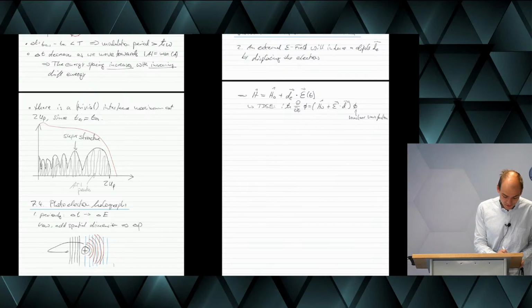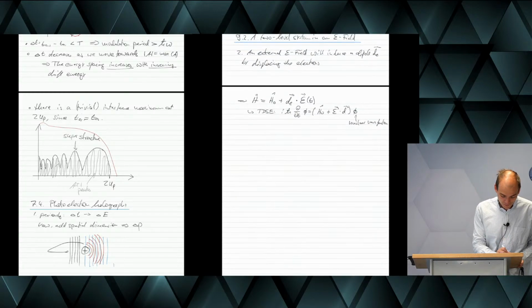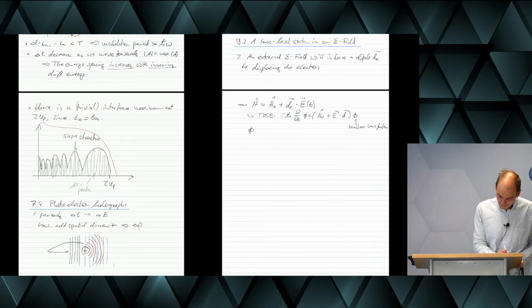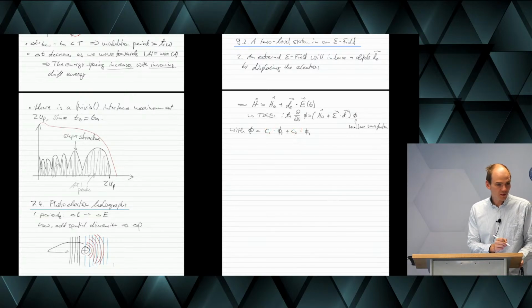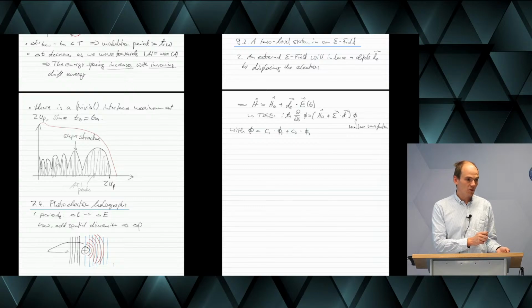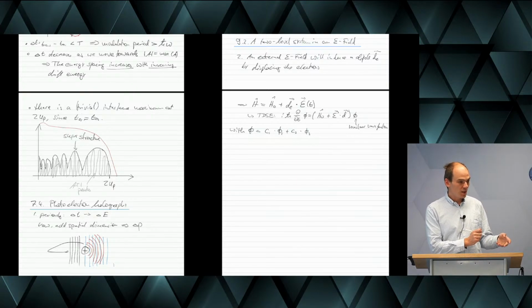So we can have two wave functions, one on each of the electronic states, with phi equals C1 times phi 1 plus C2 times phi 2. And these factors are complex numbers, and they describe the population in each of the two electronic states that we consider.